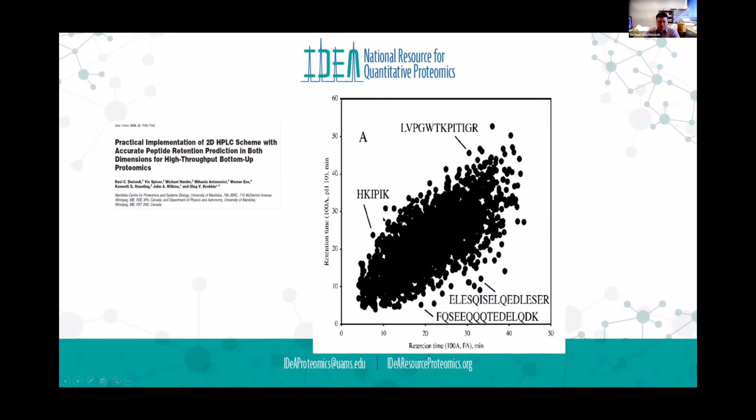If we look at one of these, the labeled one, HK-IPIK, it has under acidic conditions a retention time of less than 10 minutes, but under basic conditions, on the same column, a retention time of nearly 25 minutes. So that means you can get an orthogonal separation for a complex peptide sample by just changing the pH in your two dimensions of separation.